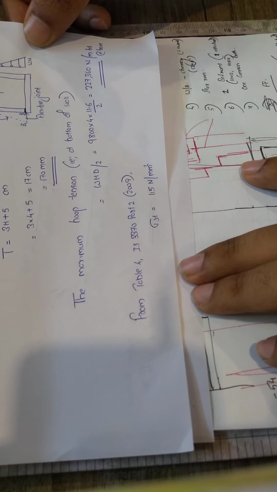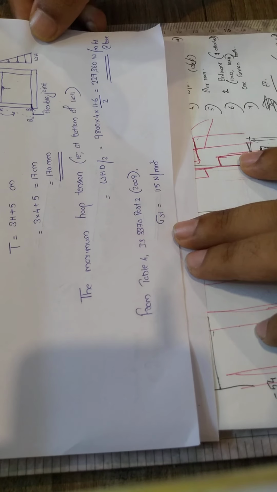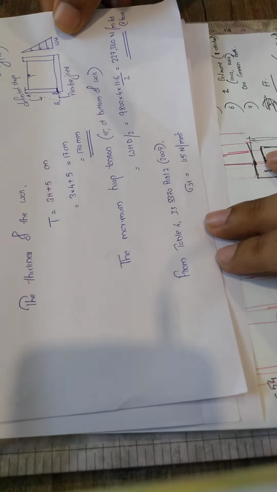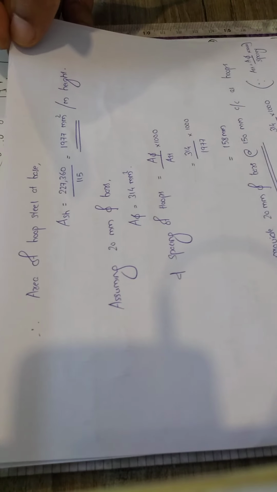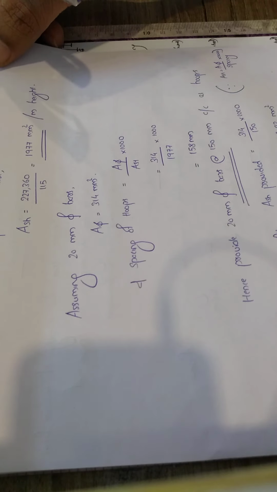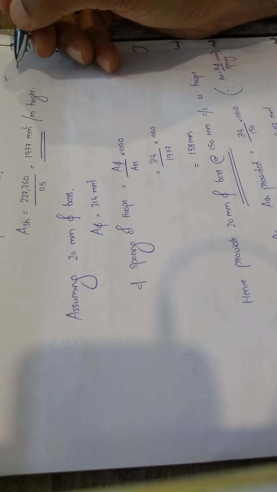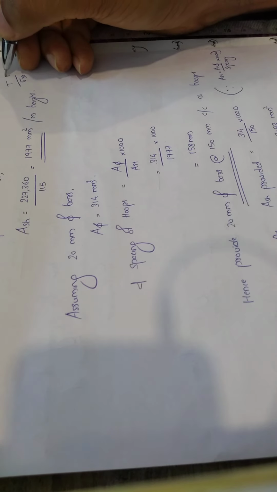From Table 4 of IS 3370 Part 2, we know the permissible stress in steel, and that is given as 150 Newton per mm squared for mild steel reinforcement. Okay, so by using the formula Ast is equal to this hoop tension divided by sigma st. We know that tension is a force, and the unit of tension is Newton.